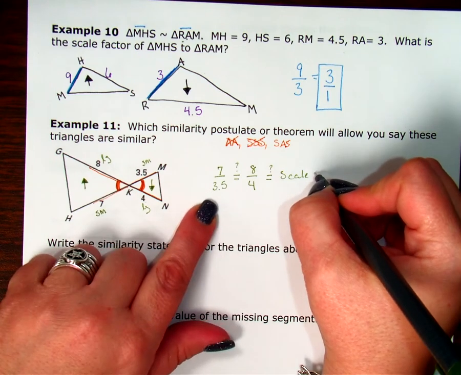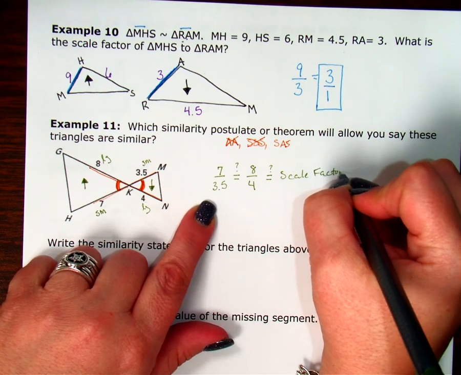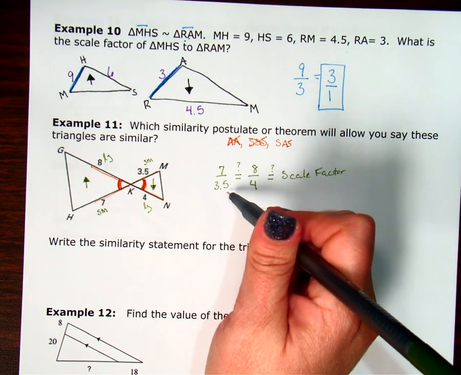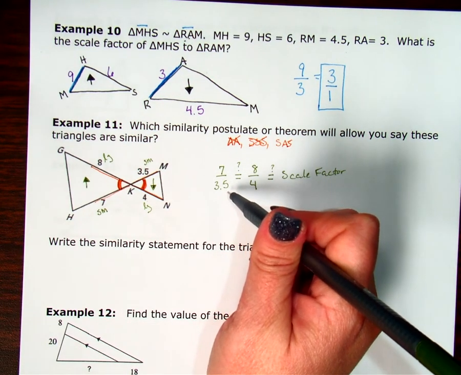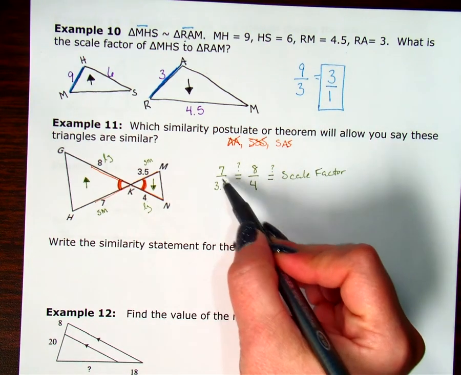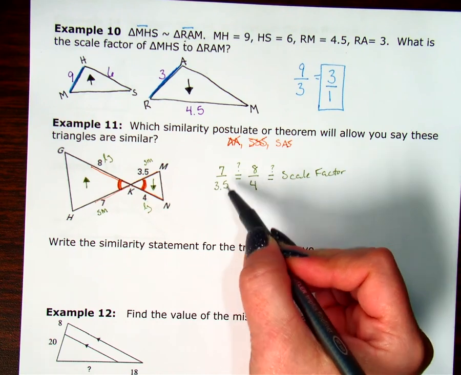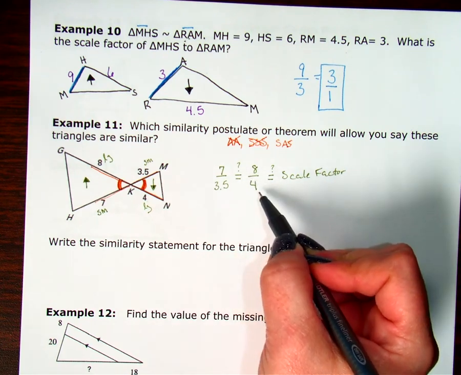Because if they are equal, that is my scale factor. Since sometimes it's hard to reduce this, what you could do is just check when I cross multiply, do I get two equal numbers? Because if I do, that means that this is a valid proportion.